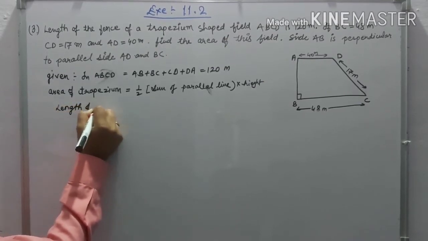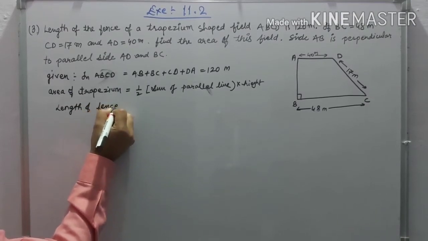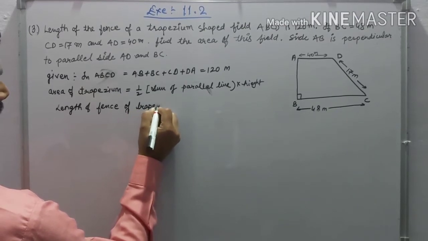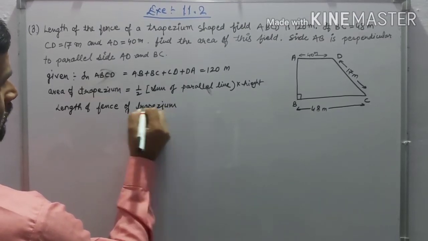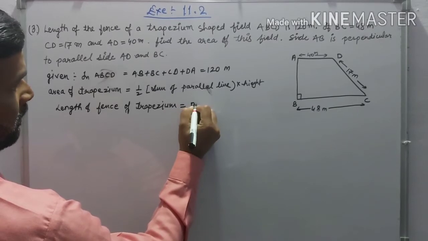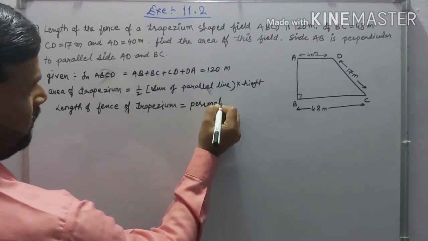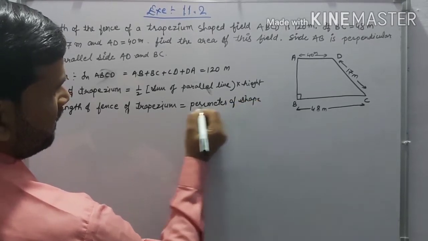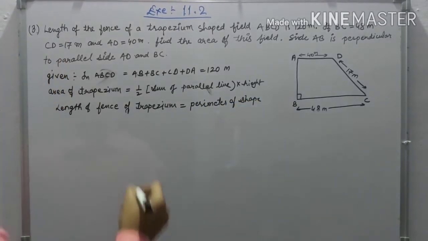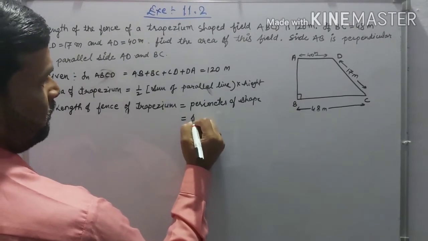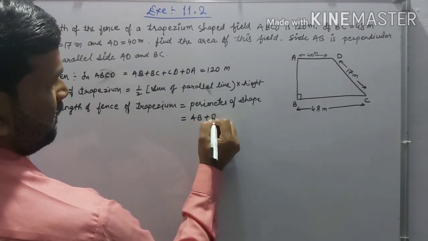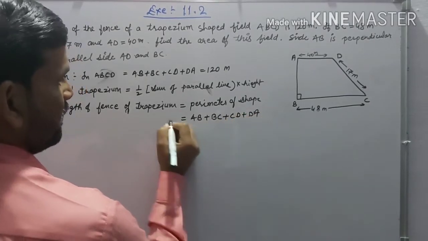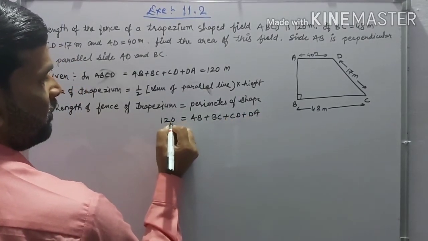The length of the fence of the trapezium is called the perimeter of the shape. Perimeter means AB plus BC plus CD plus DA, the sum of all sides, is 120.